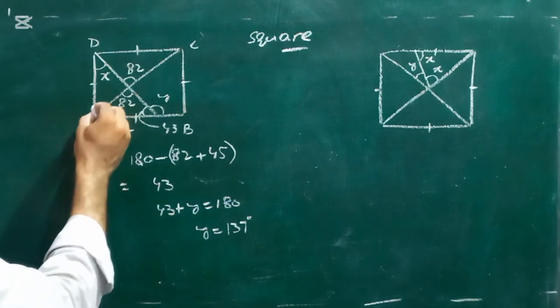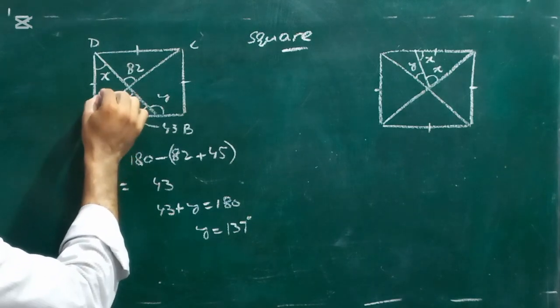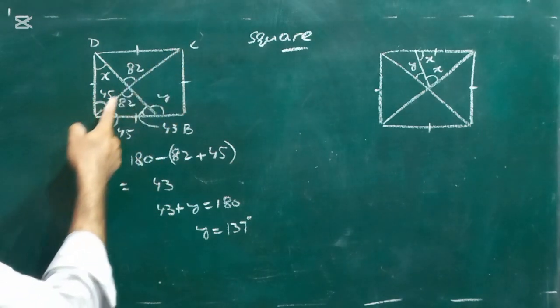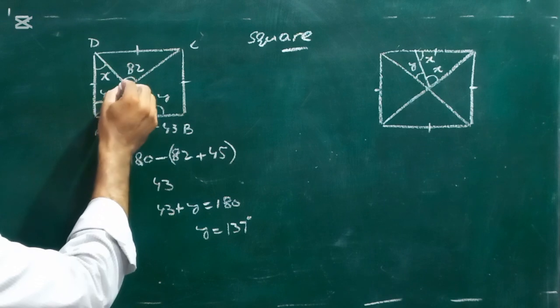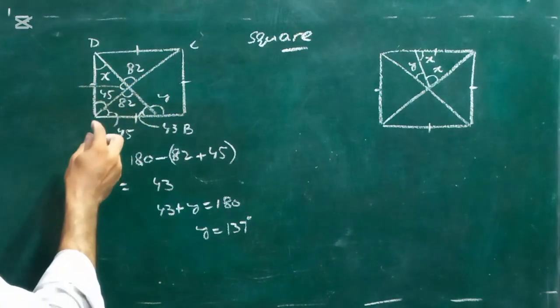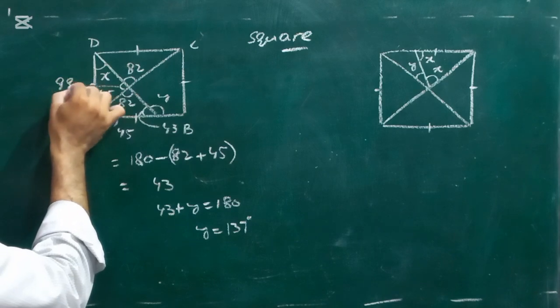So look now, this is also 45, because the diagonal will bisect this angle, and this is 82, so the remainder angle will be 98.